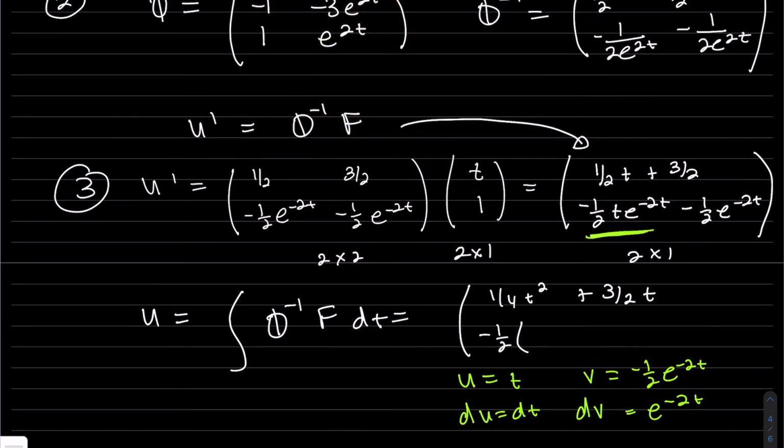And so this by parts, this one right here, uv, and then the integration of that, minus and minus is a plus, but then we have to integrate this. That's going to be a minus.